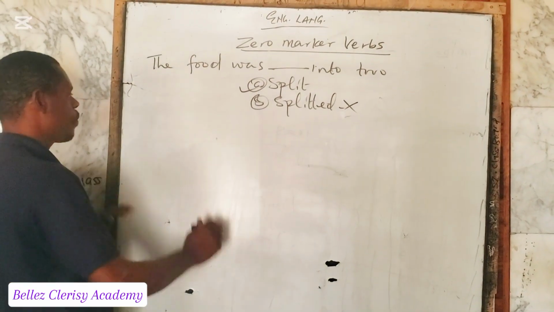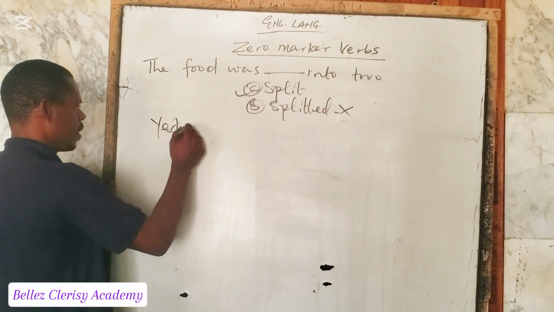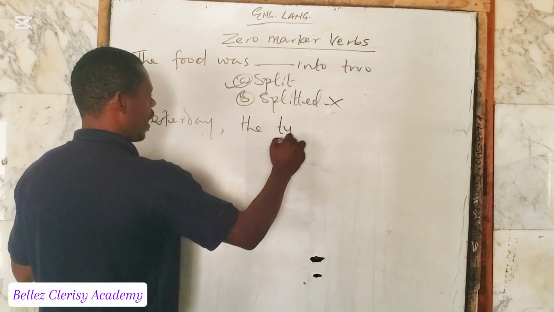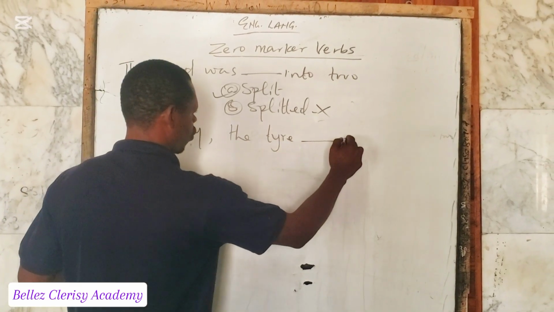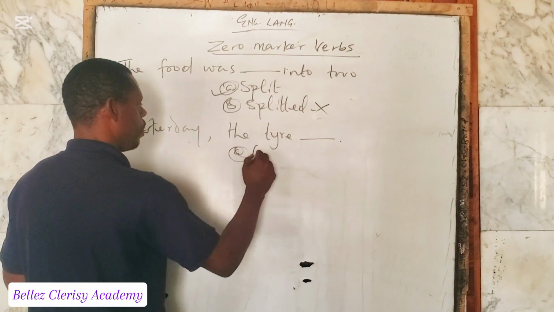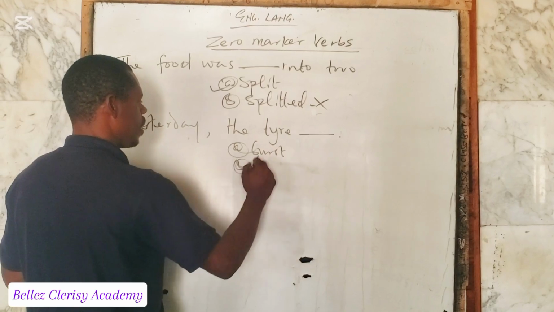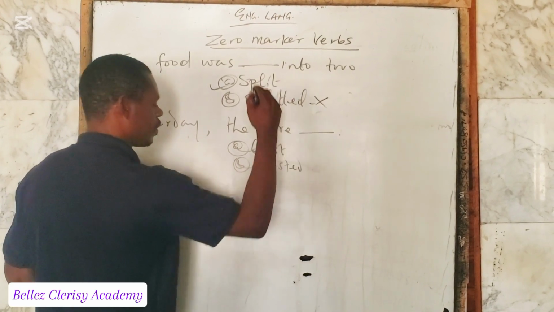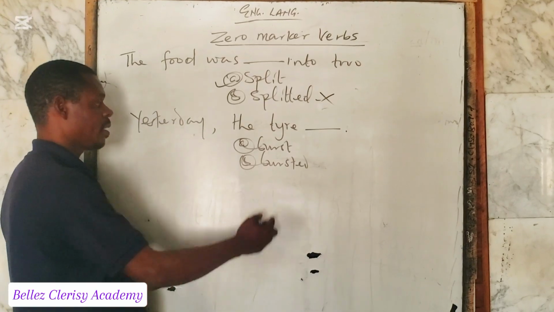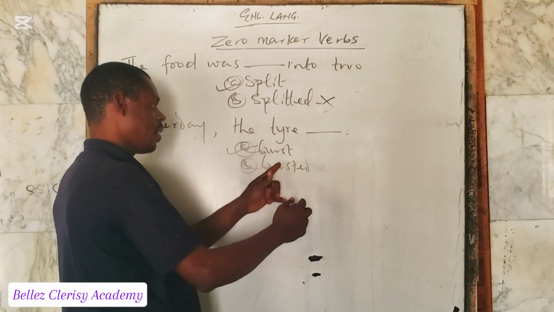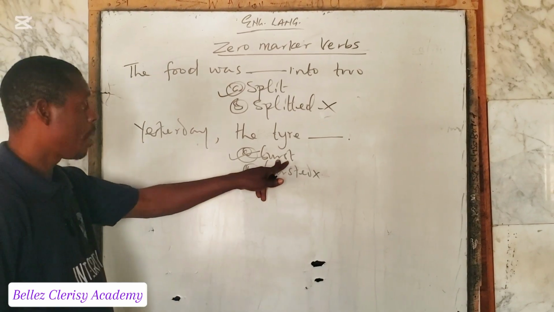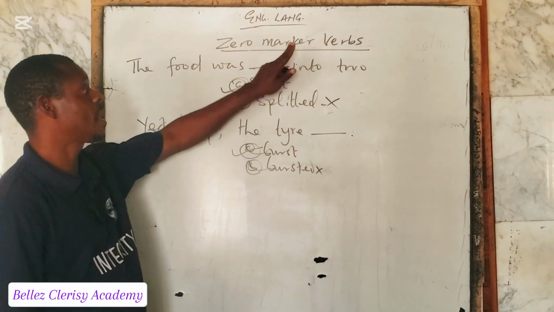As if that was not enough, yesterday, comma, the tire burst. A, burst. B, bursted. I know many of the students will pick the word bursted, whereas the word bursted does not exist in English because the word burst is a what? It's a zero marker verb.